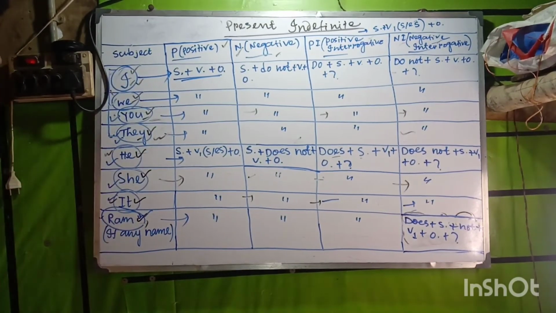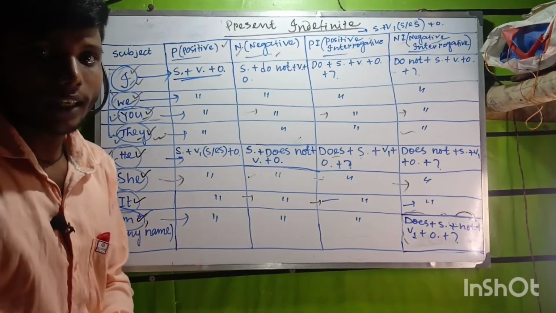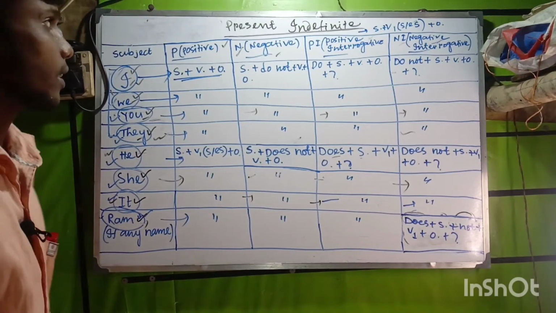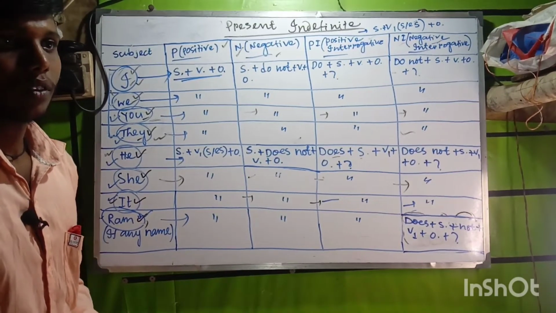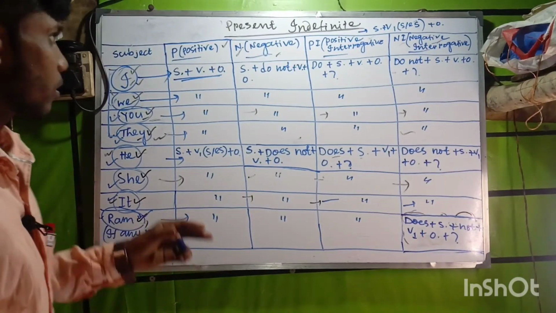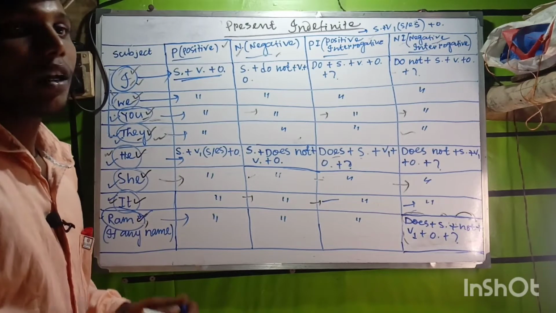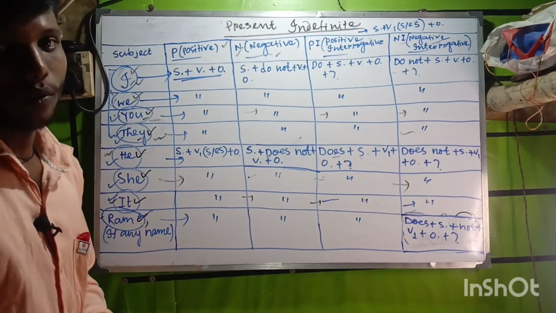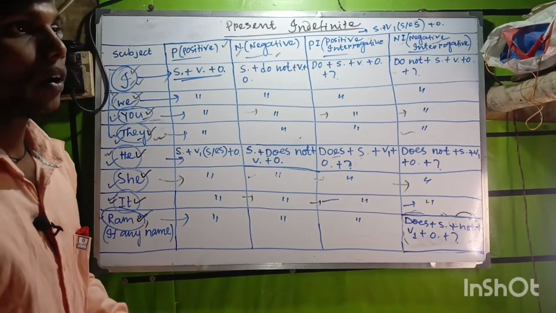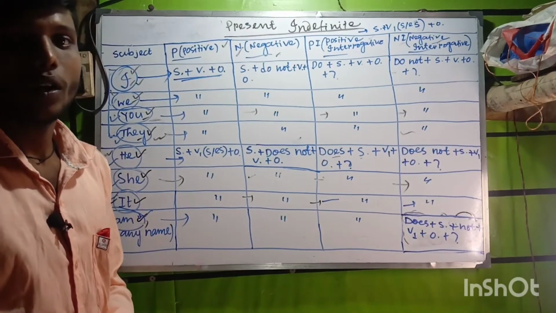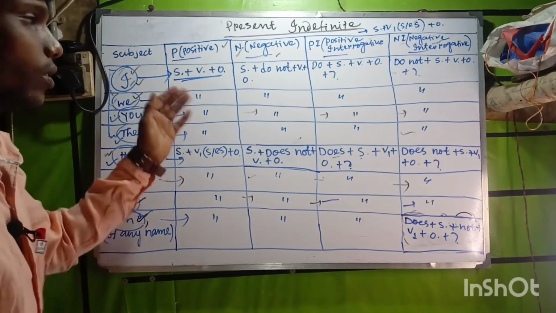We can't make a sentence without a verb. We can make a sentence without a subject also, but we can't make a sentence without a verb. Whenever you do not put the verb in a sentence, the sentence is senseless.